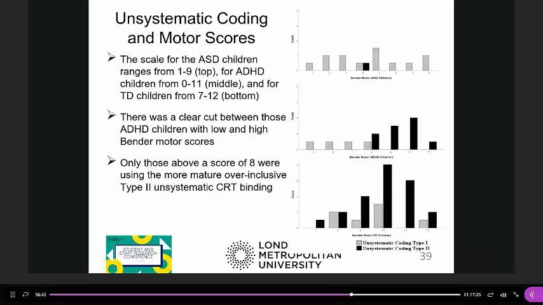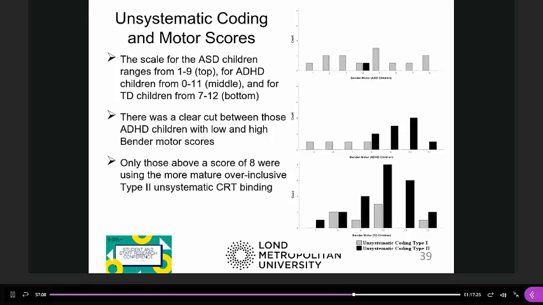And these are just the children who show unsystematic coding, also in the typically developing sample, because remember there was quite a substantial proportion of children in the mainstream schools who showed over-inclusive binding. And what you can see is that this task was dependent on the motor skills.